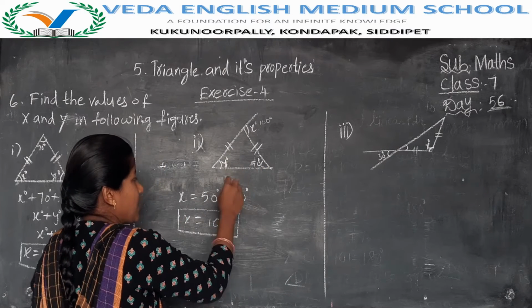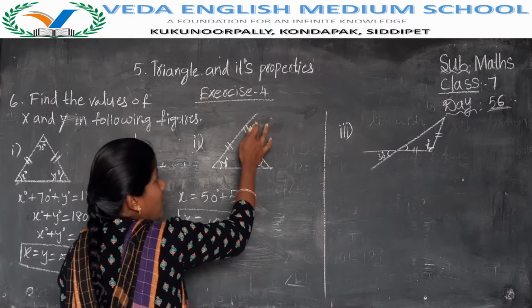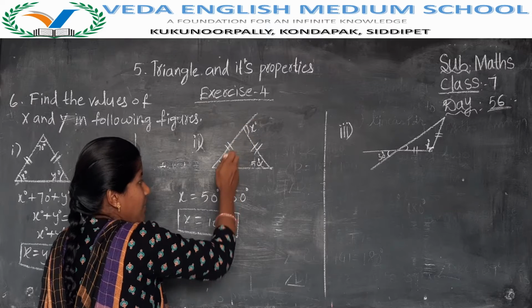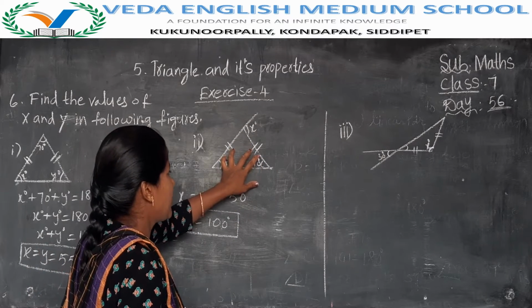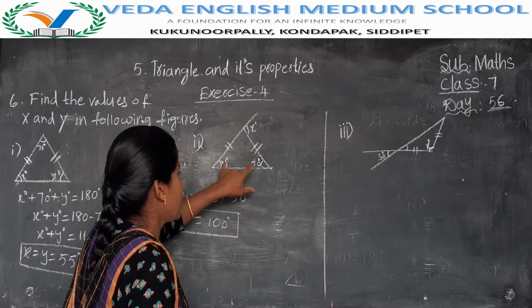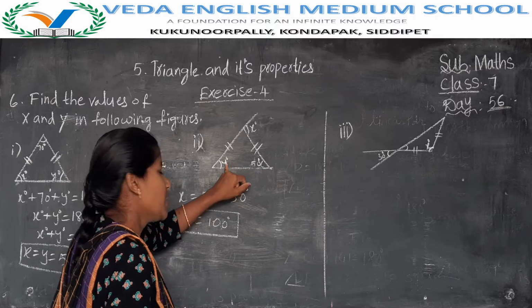Madam, why have you taken it like that? Here we don't know the value of x. X value తెలియదు కాబట్టి I have taken like this. Based on these lines, ఈ రెండు యాంగిల్స్ ఈక్వల్ కాబట్టి ఇది 50 అయితే, ఇది కూడా 50 అవుతుంది.